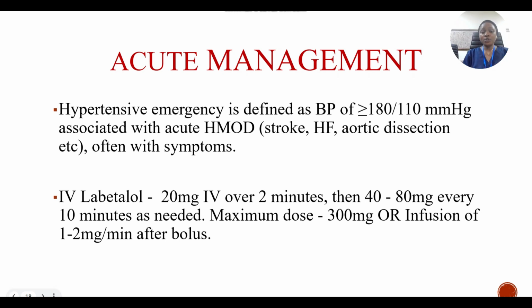Then you can give 40 to 80 every 10 minutes as needed, not to exceed a maximum dose of 300 milligrams. An alternative, if the blood pressure is still not controlled, is an infusion of 1 to 2 milligrams per minute after you have given the bolus dose.